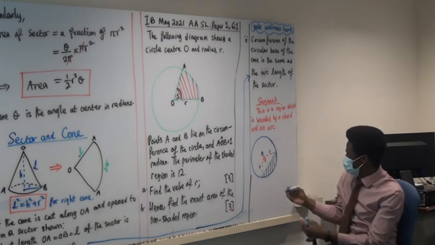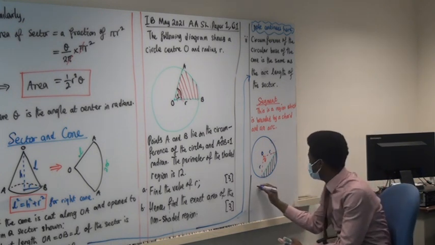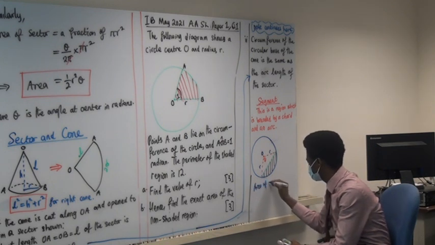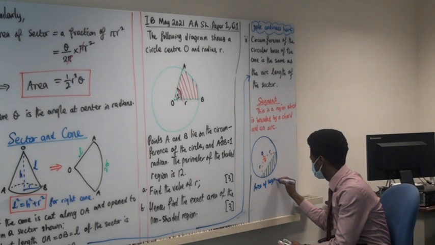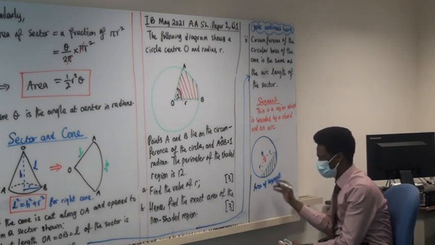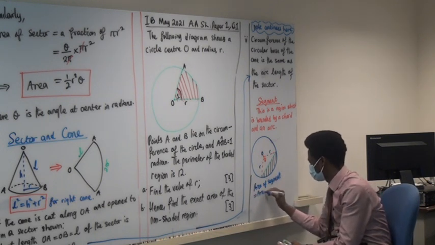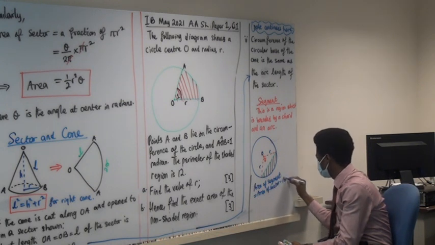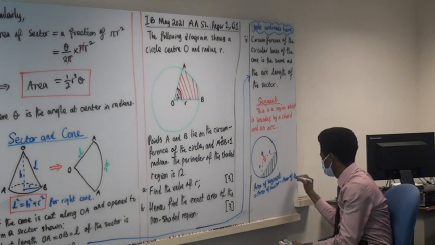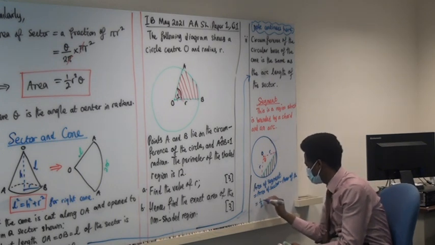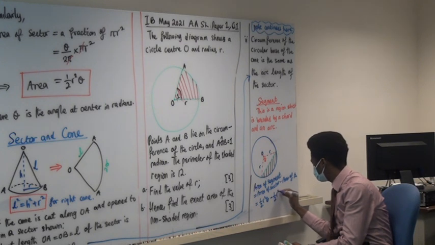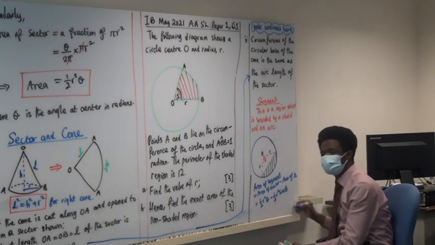Okay? So which means, if I want to find the area of a segment, area of segment is equal to area of sector minus area of triangle, right? Area of a sector is half r squared theta. Area of a triangle is half r squared sine theta.